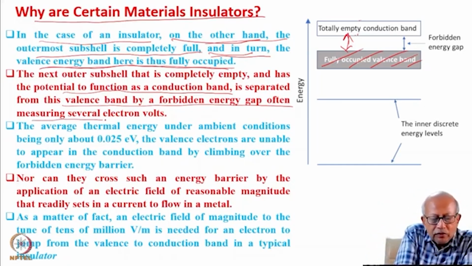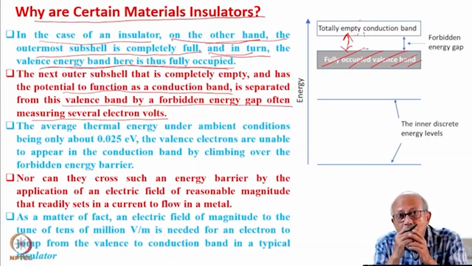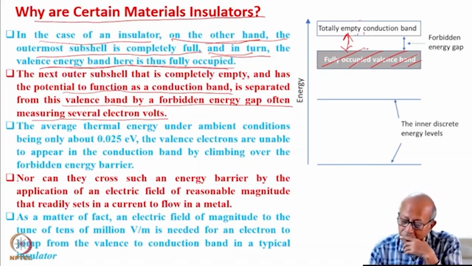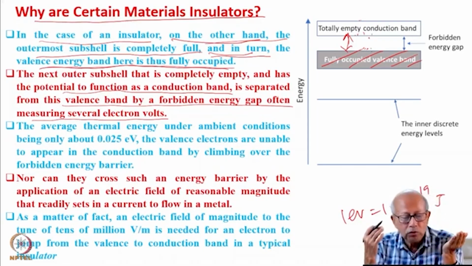Often this difference is several electron volts. Electron volt is a measurement of energy, and 1 electron volt equals 1.6 times 10 to the power minus 19 joule. So this gap is several electron volts.